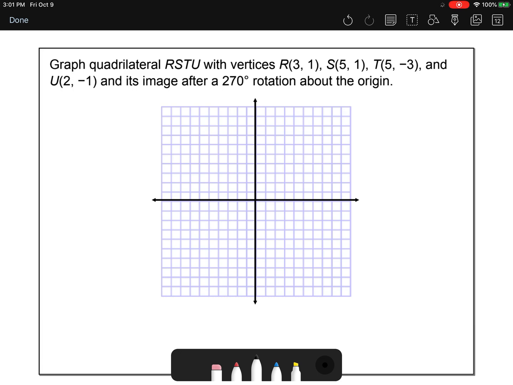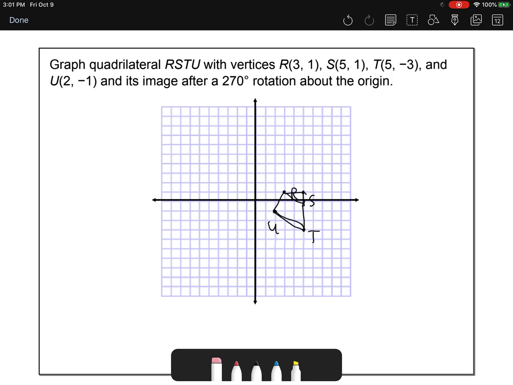Okay, so we're going to graph the quadrilateral. R is 3, 1. S is 5, 1. T is 5, -3. And U is 2, -1. And we're going to rotate this 270 degrees.